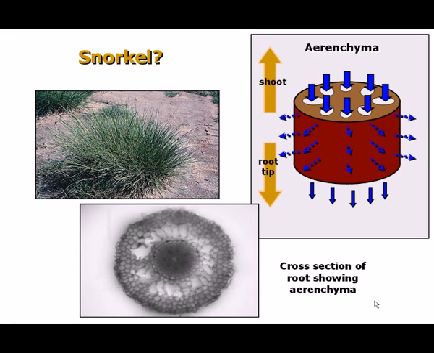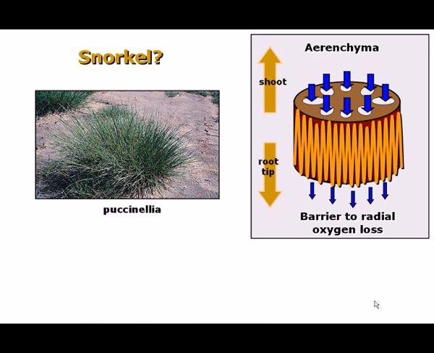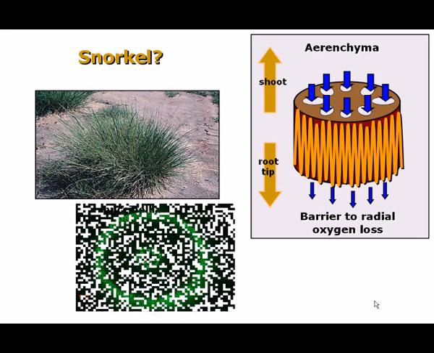But that's only part of the story, because these roots can leak in some situations. They can leak oxygen out, and Puccinellia has a second adaptation which makes it even better adapted to waterlogged environments. It produces a layer of a rubbery sort of substance around the outside of the root, which acts as a barrier to that radial loss of oxygen.